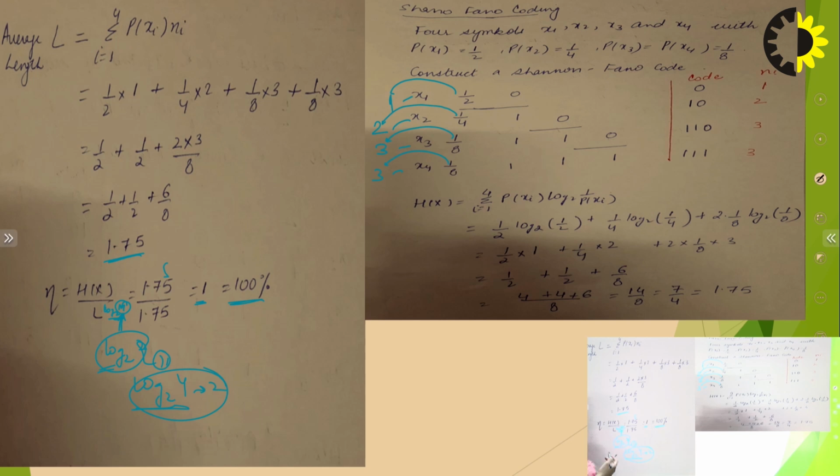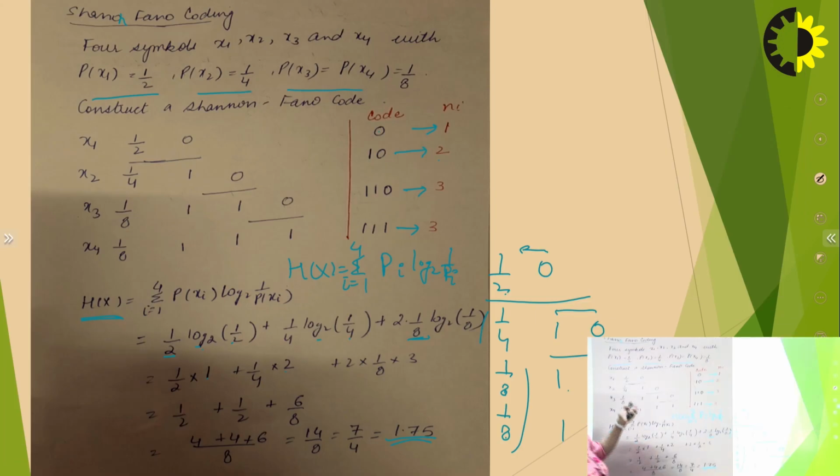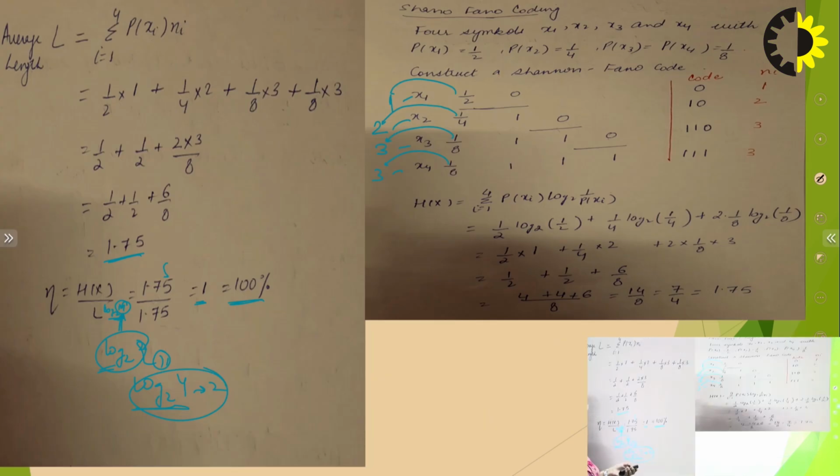So in this question, it has been given, I have not written that particular part, to prove that efficiency is 100%. The question is that you will be given these symbols and asked to use Shannon-Fano code and prove the efficiency is 100%, right? So I have just found the efficiency and it is coming 100%. So it is proved according to the question. And if it is asked to find out, you can find out like this.